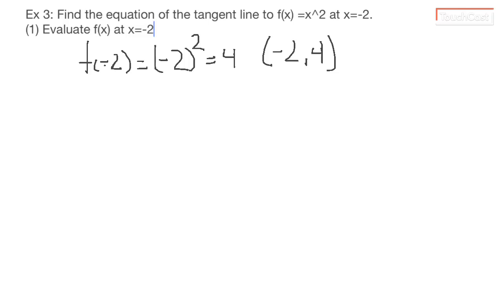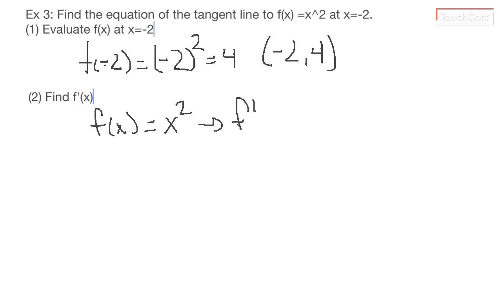So we're going to hold on to that, because now in step 2, we're going to find f prime of x. Well, we know f of x is x squared. So we can use the power rule to find the derivative.